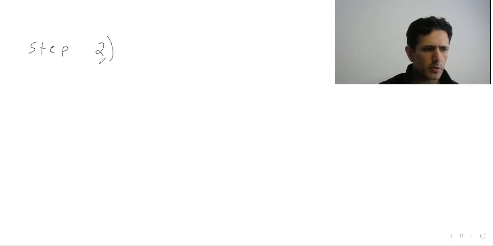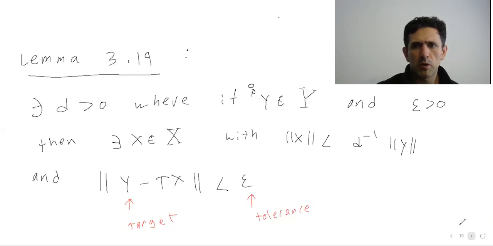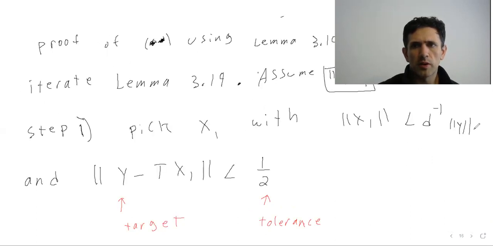Step 2 is pick x2. And I should say, really, lemma 319 just gives me this here. Well, y we're assuming has norm 1. So this equals, squeeze it in here, d to the minus 1, because y has norm 1.